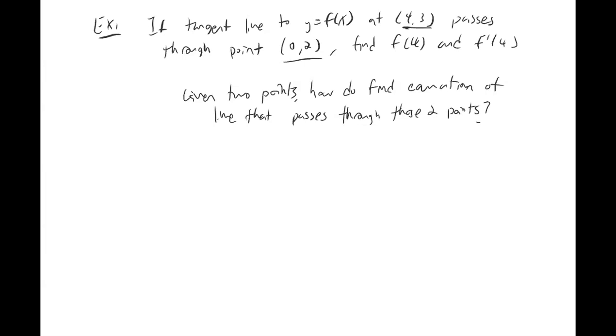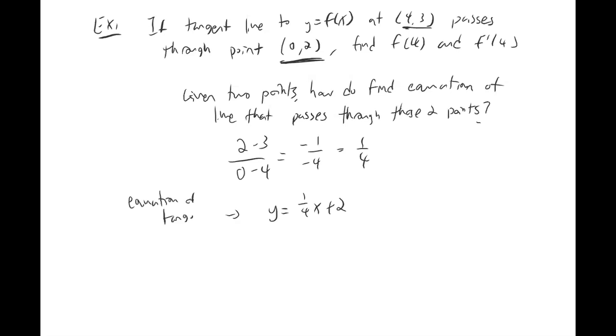You could find the slope first. So 2 minus 3 over 0 minus 4, that's -1 over -4. So the slope is 1/4. In this case, they give you the y-intercept, 0, 2. So y equals 1/4 x plus 2. Now this is the equation of the tangent line.